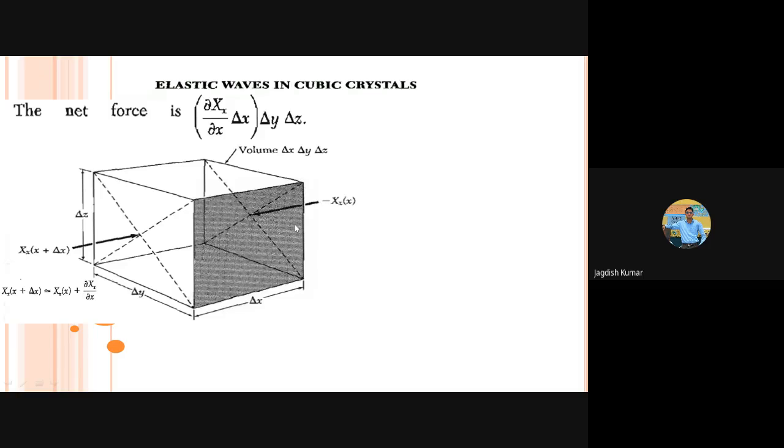So if we apply the same analysis, then the force component there will be X subscript y. This face is perpendicular to y axis, I hope you remember. So there will be a force called capital X small y, which is acting here. Correct? That will be X_y of what? At some point, say y. You can say this one as a reference or this one, whatever.